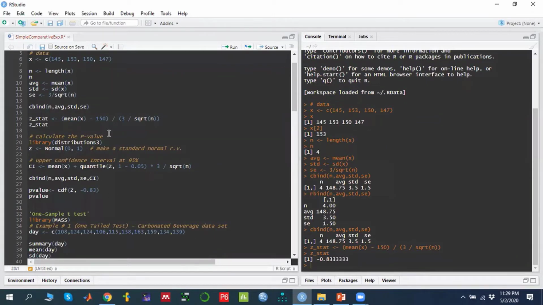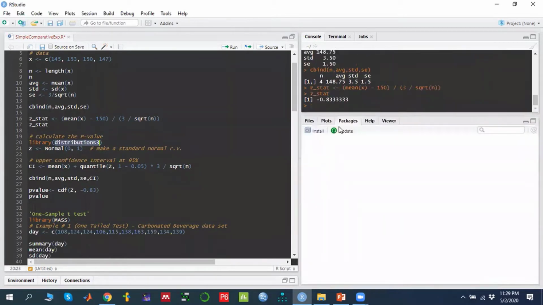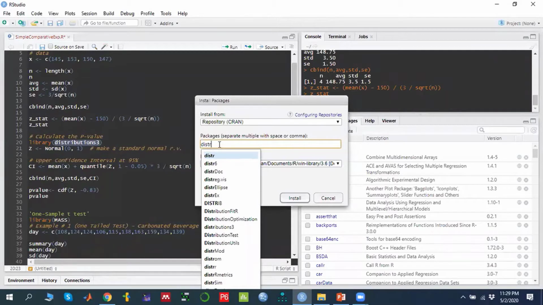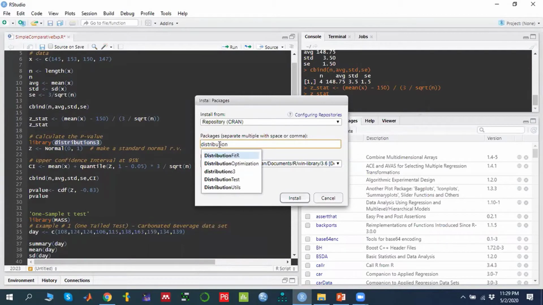In order to compute the confidence interval as well as the p-value, we need a package called distribution. You know how to install a package in R. You can go to the package, install, and then you can find distribution 3, and then you click on the install button and make sure your computer is connected to the internet.